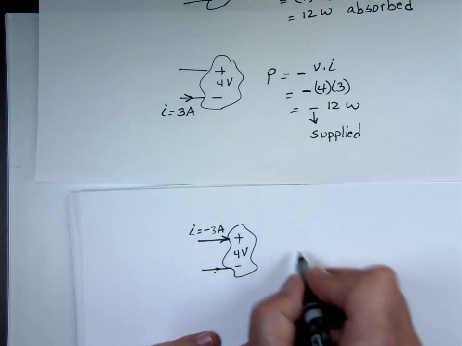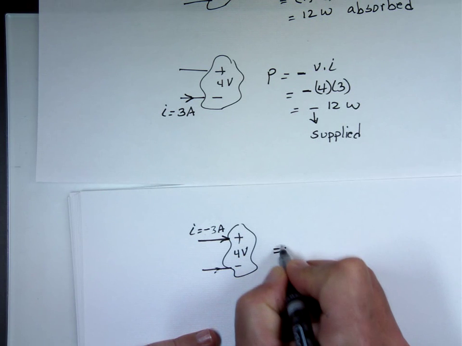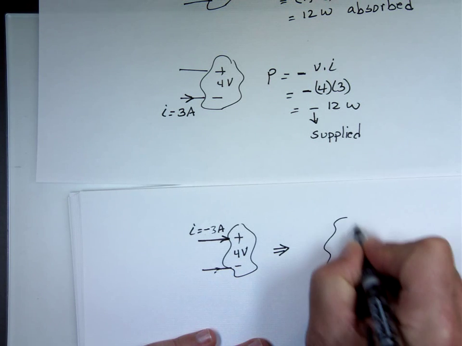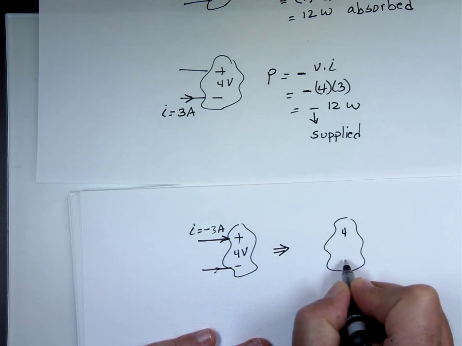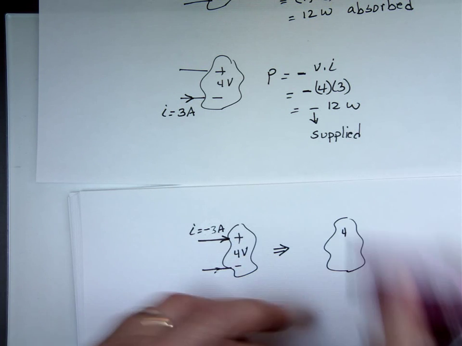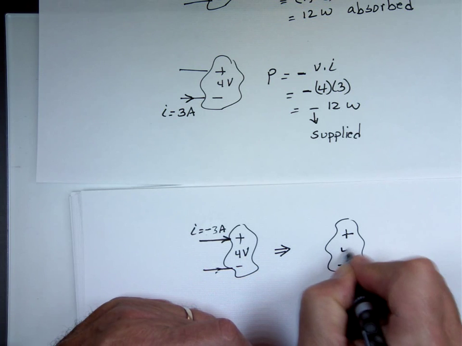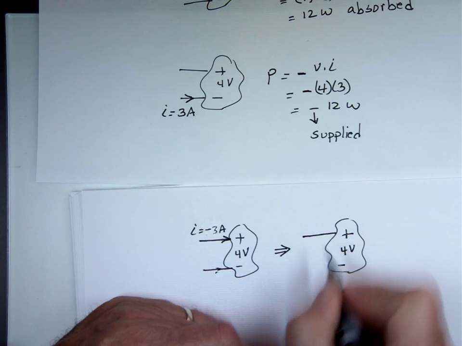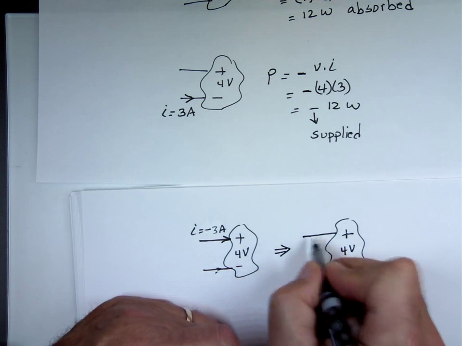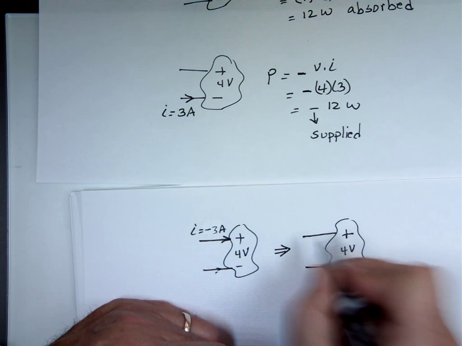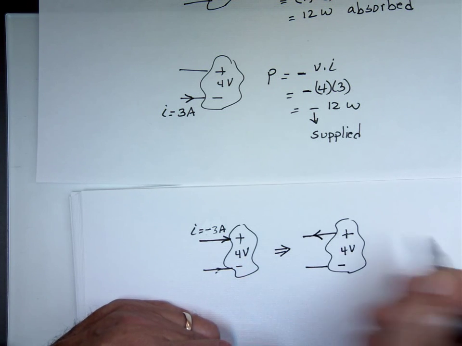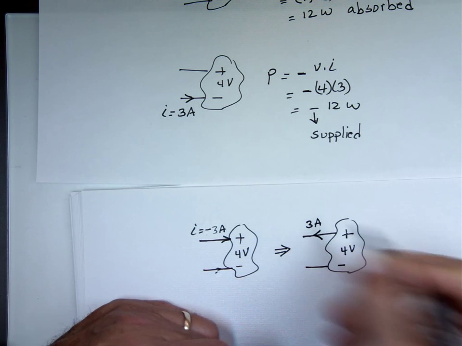When you look at that circuit, it means what? The current wasn't really going that direction. Which way? Because negative current, it's 3 amps coming out of this. That's what that means.